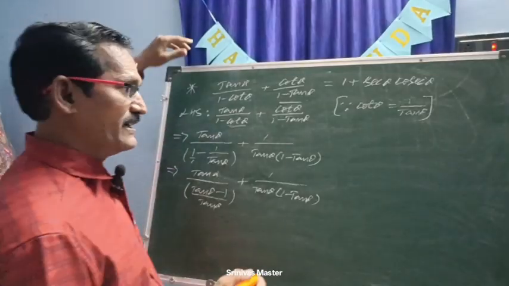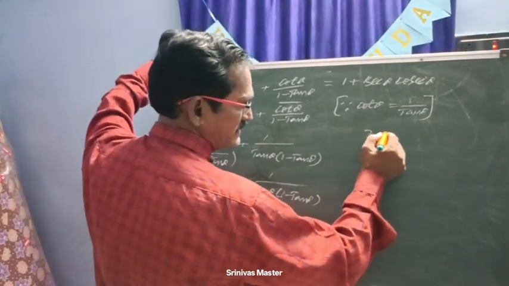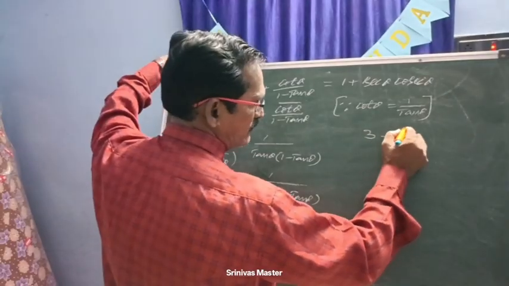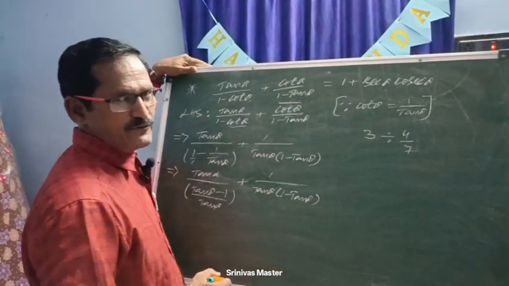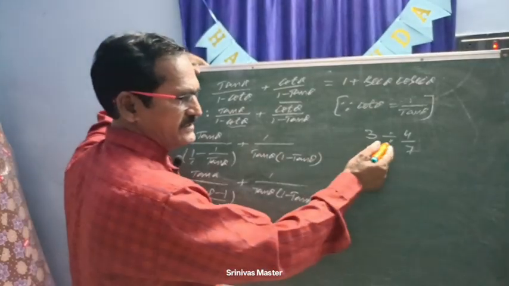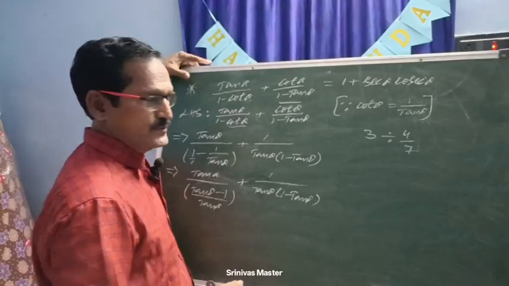Because you know in the lower class, you learned that, for example, 3 divided by 4 by 7, suppose. When division is changing, if you change the division, what will become? Multiplication, you know that.